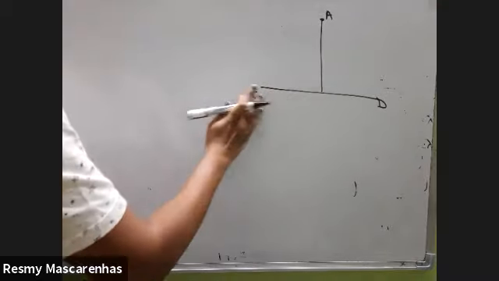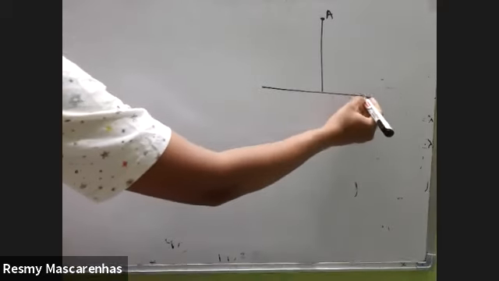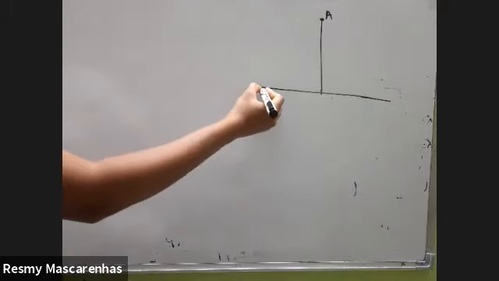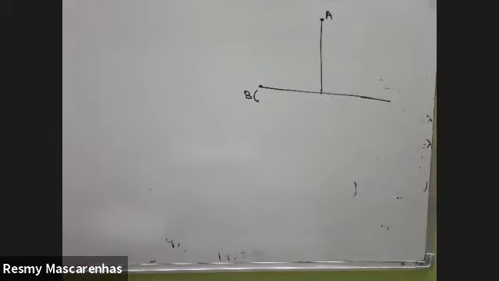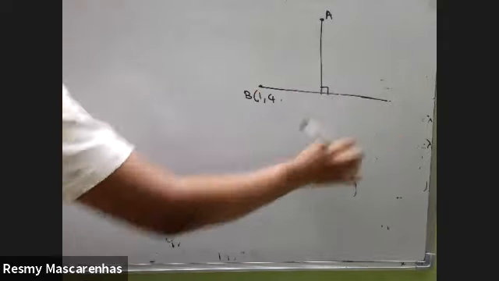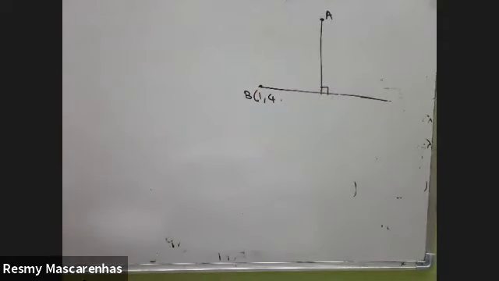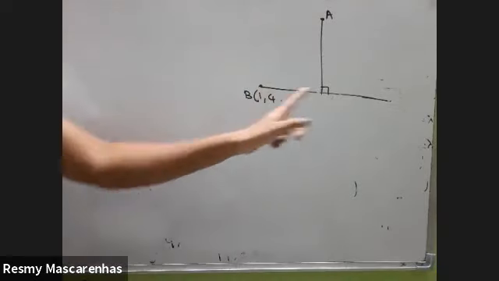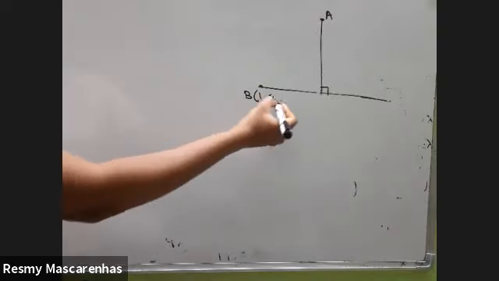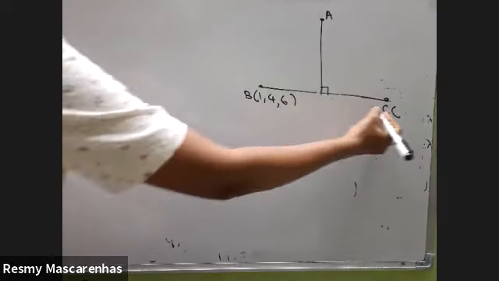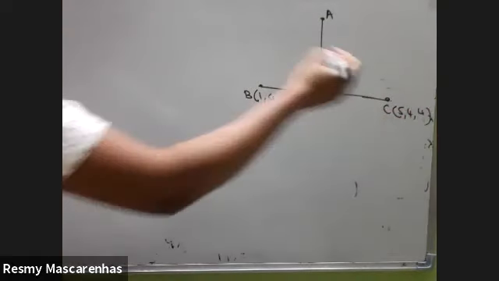Okay, just write the third point as C. So now they have given like this. The line is perpendicular to a line which is joining the 2 points. B is this they have given, and C is this, 5, 4, 4.